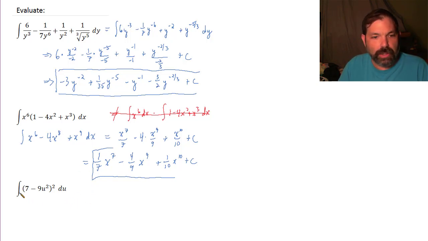All right, similarly here, the integral of 7 minus 9u squared. Let's first use some algebra. Let's multiply this out. This would become the integral of 49 minus 126u squared plus 81u to the fourth du.